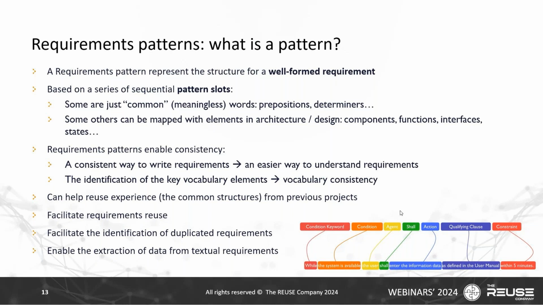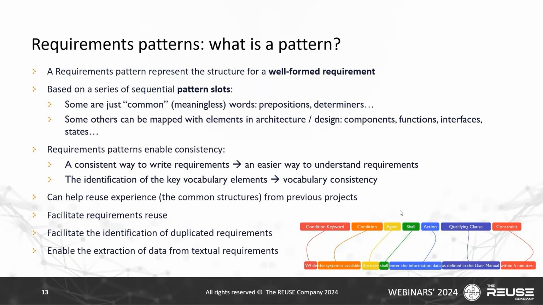So following these patterns, it could be EARS patterns or other different catalogs of patterns, provides us the means to reach the level of consistency that we need. First, in terms of the structure.